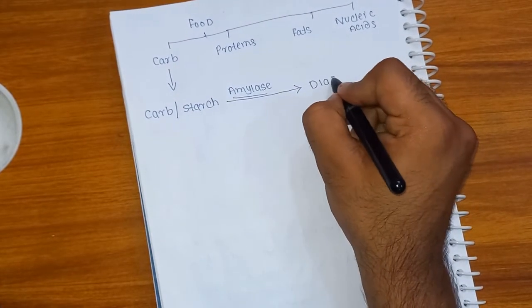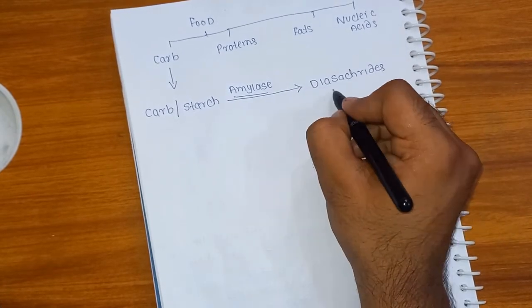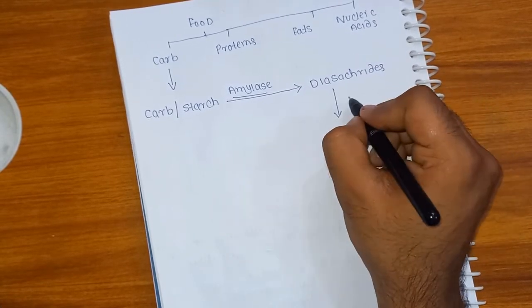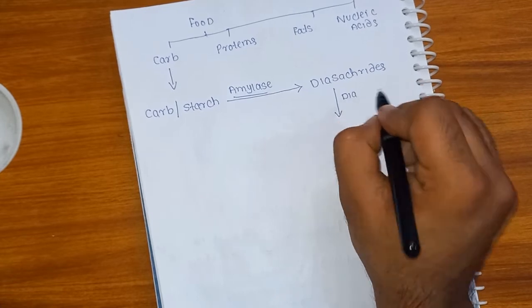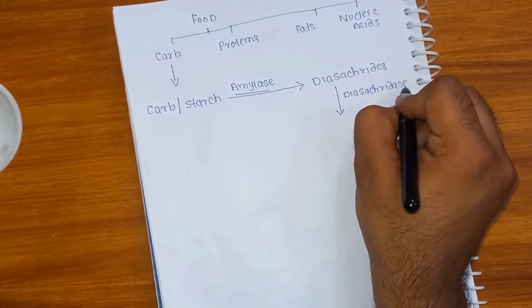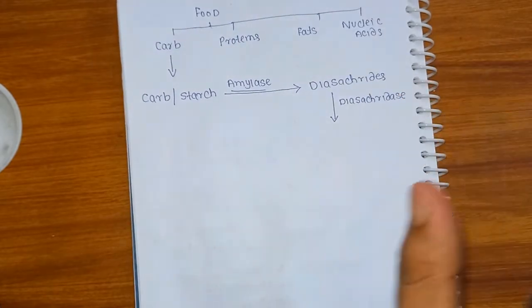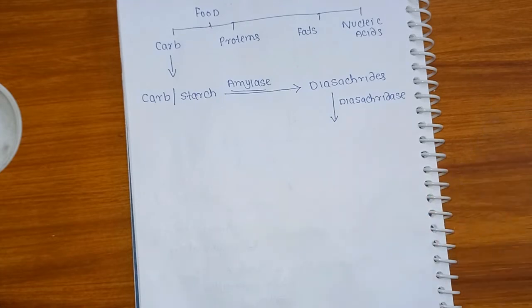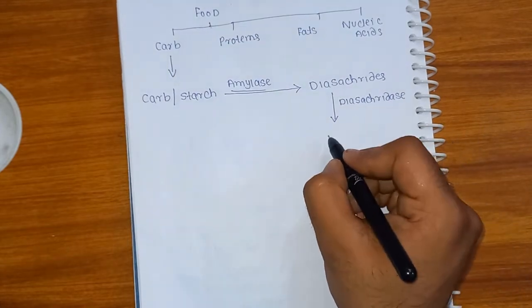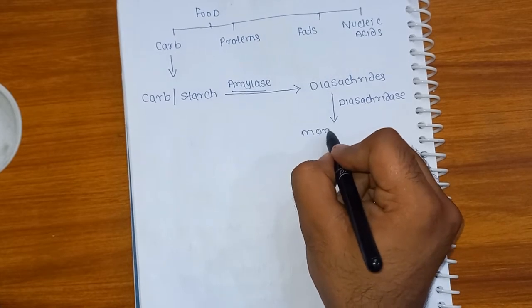Now this disaccharide is acted upon by disaccharidase, the enzyme of the intestine, present in succus entericus. Disaccharidase converts it into monosaccharides.